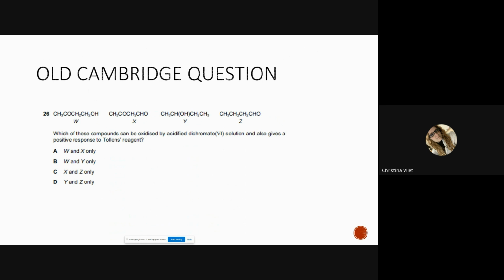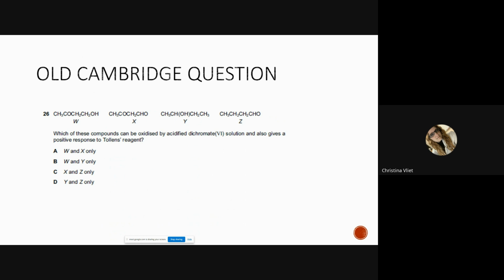All right, let's take a look at a question. I love these Cambridge questions. For paper 3, we'll talk more about it after we finish the content. However, you will always have qualitative analysis, which is figuring out what you have.